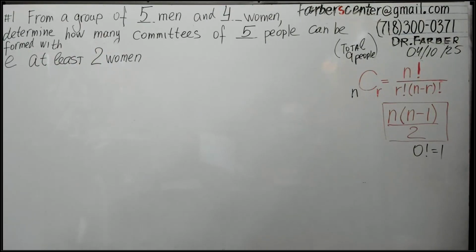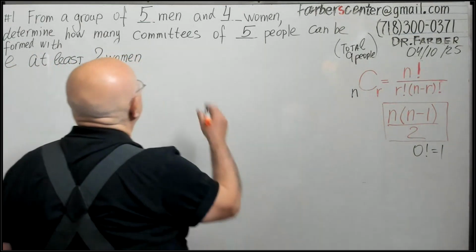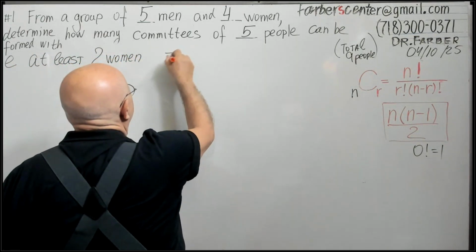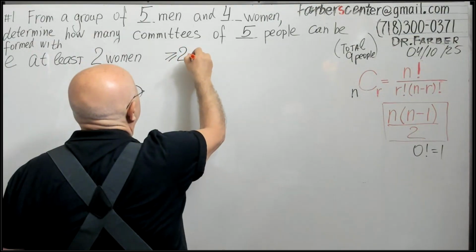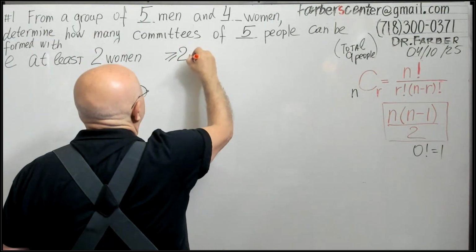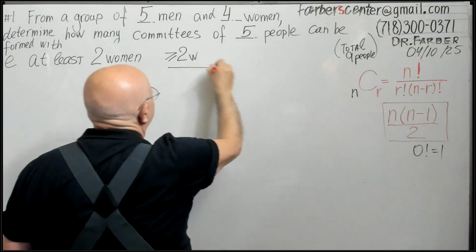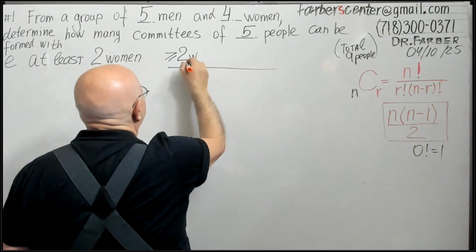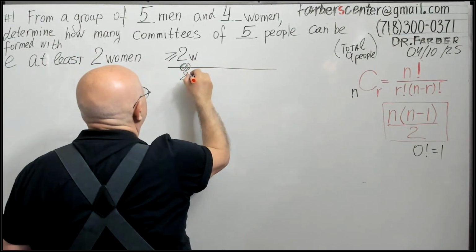Okay. So what we have, greater or equal, it is the same. Let me explain this. Greater or equal than 2 women. If I use a number line for explanation, this is 2 women inclusively.